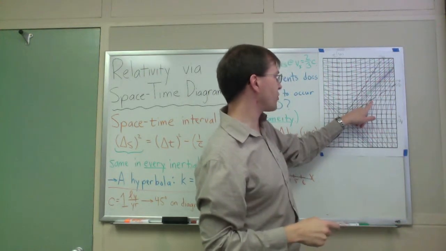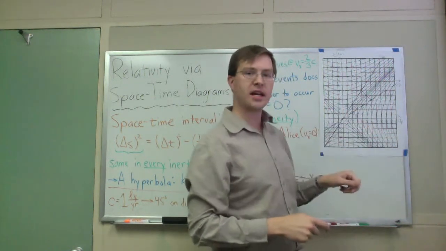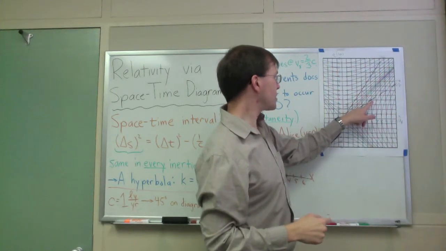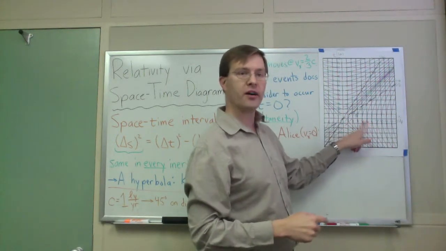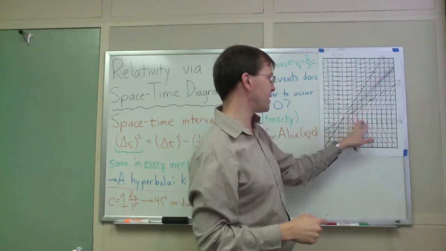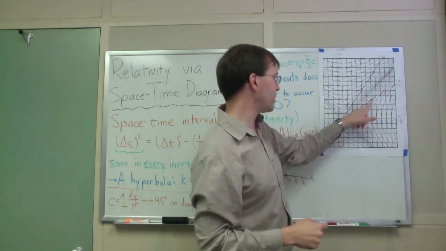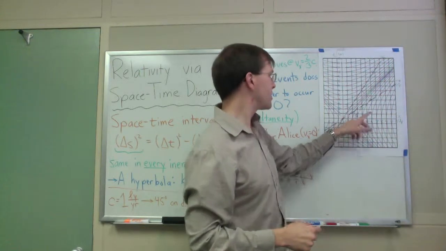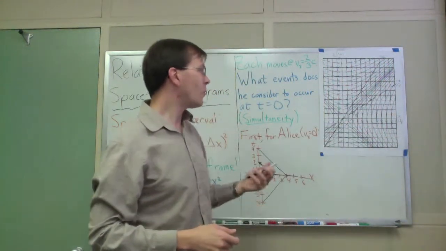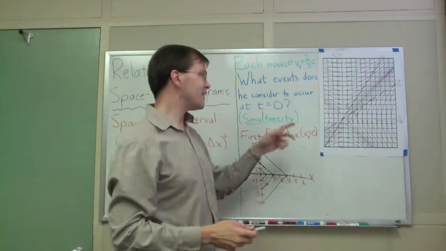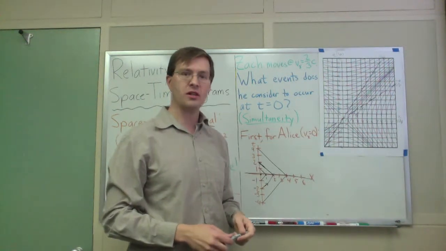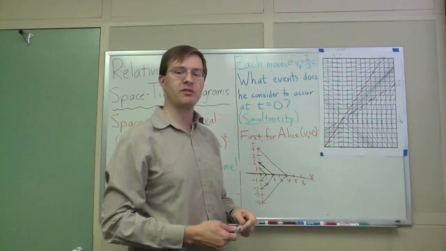He would say that's 4 1/3 light years as opposed to Alice's 6. Or for that matter, you could just extrapolate downward between these two hyperbolas. It's right between the 4 and the 5 labels. If you follow the hyperbola down to the axis, it'll extrapolate to about 4 1/3. So that is the way that you can use the time equals 0 time slice to understand a moving observer's perception of position and not just the moving observer's perception of time.